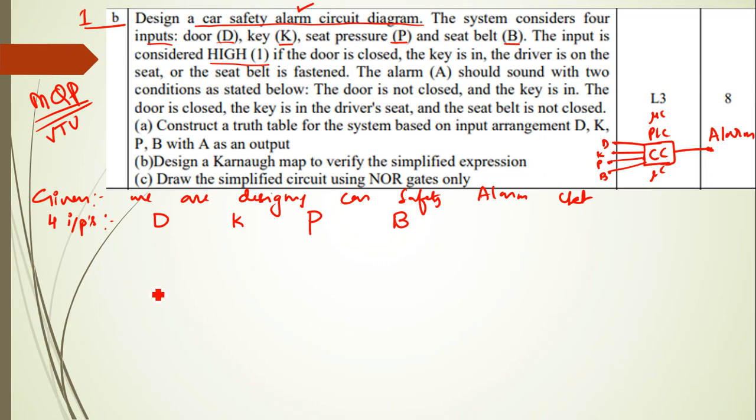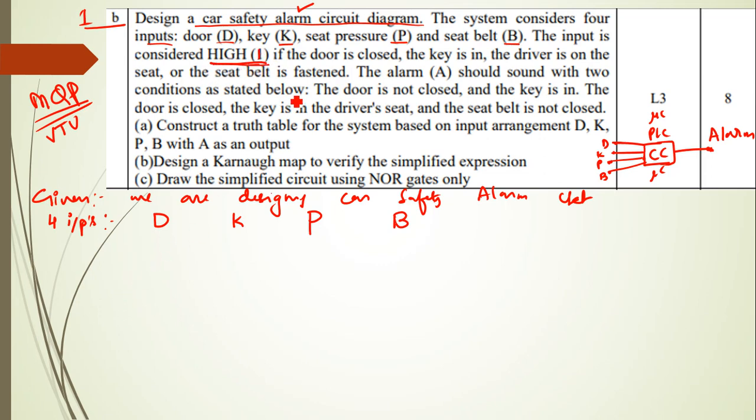Now they are talking about when the input is high. When you treat door as high, key as high, pressure as high, belt as high, high in the sense it is activated. For activation, they have given 1.